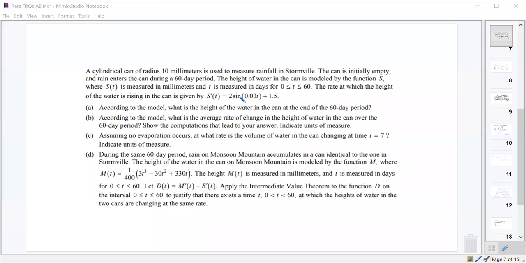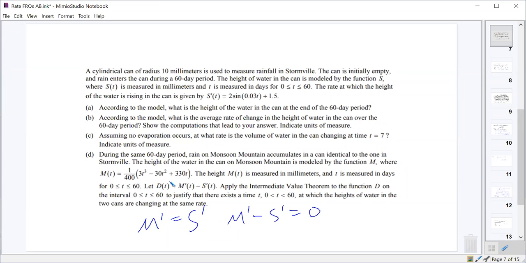Okay, fun. So if the heights of the water are changing at the same rate, that would tell us that M prime, the rate of change of the height of Monsoon Mountain's water, needs to equal S prime, right? So we want to prove that M prime equals S prime at some value. And since D is M prime minus S prime, we'd be looking for M prime minus S prime equals 0.